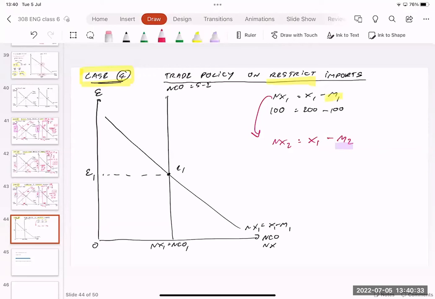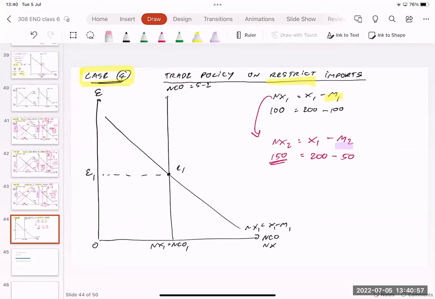They still export 200 million, but because of the trade policy, right now they import less, 50. Even though you export the same, net export becomes higher, at 150. By using this policy, net export increases from 100 to 150.